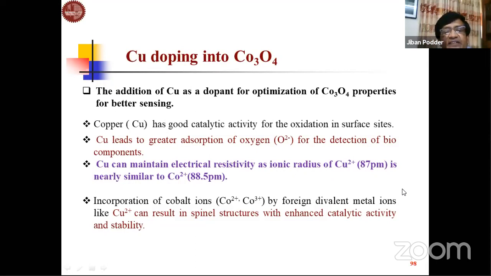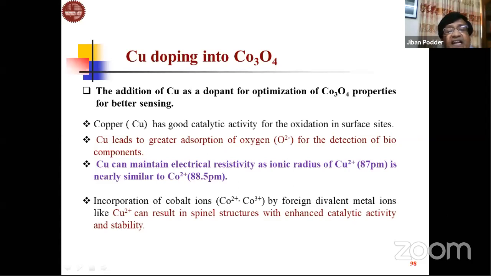In most cases, transition metals have more or less the same ionic size. Incorporation of cobalt ions by a foreign divalent metal like copper can result in spinel structures with enhanced catalytic activity and stability. So that is the other phenomenon.